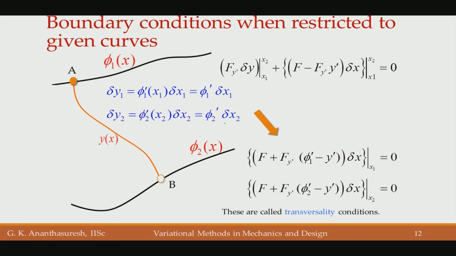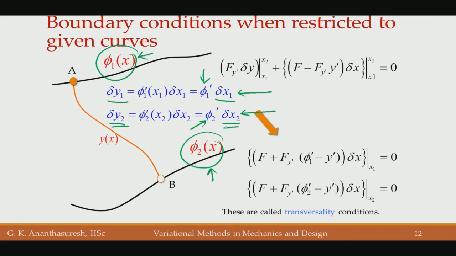Now, so far in general variation, we said x1 x2 are just not known, whereas now we are saying they have to lie on some curves, phi 1 on this side, phi 2 on that side. What does that mean? That means that when you take this into account and observe these relations, right, delta y1 now cannot be anything, because it has to satisfy between delta x1 and delta y1, we have the derivative of phi 1, and then for delta y2 and delta x2 we have the derivative of phi 2.